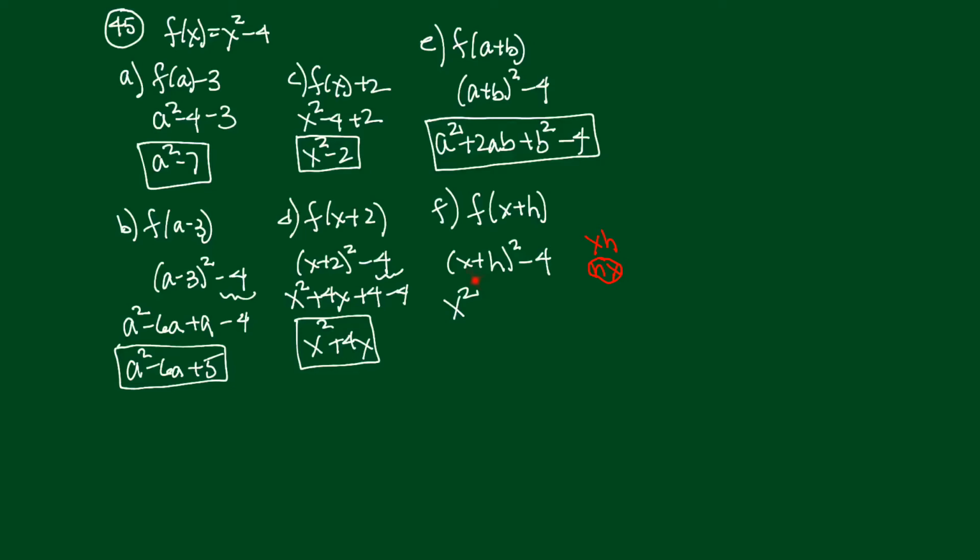So when you multiply these together, you get hx, but then you double it. So hx, you double it, so you get two of those. So we get plus 2hx, and then square the last. So plus h squared, and then you have that minus 4. Now nothing combines, so we're done.